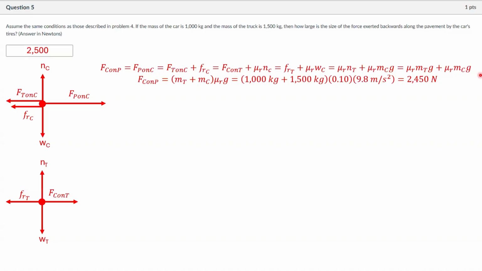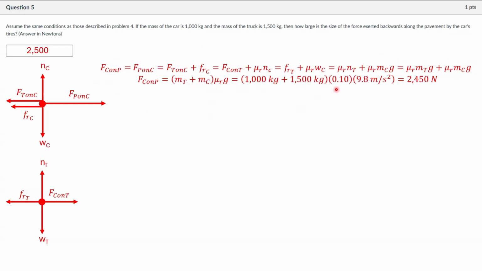And now we have an equation by which the force of the car pushing backwards on the pavement is expressed in terms of the coefficient of rolling friction applied to both tires, multiplied by the mass of both objects, multiplied by gravitational acceleration for both objects. So we know the mass of the truck and the car.